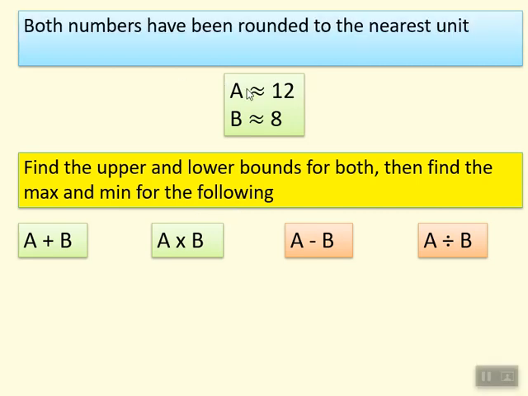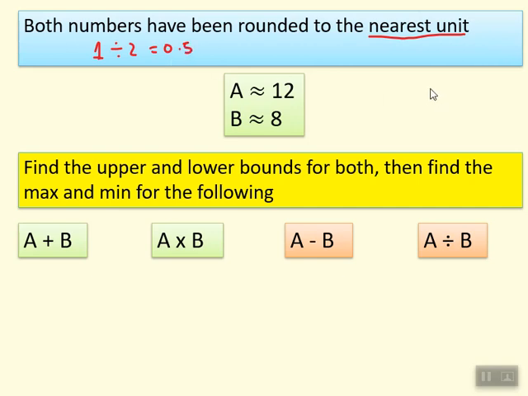We have these two numbers here which were rounded to the nearest unit, or you can think about nearest whole number. So A is roughly 12, B is roughly 8. We don't actually know what A and B exactly are, but they were numbers which were rounded to 12 and 8. So first of all, before I do anything, let's look at what the upper and lower bound are. 1 unit divided by 2 is 0.5.